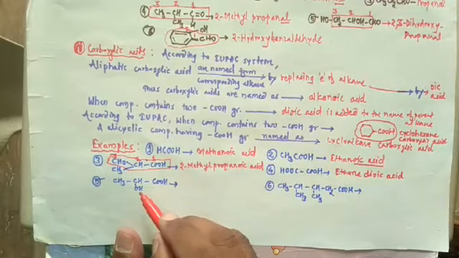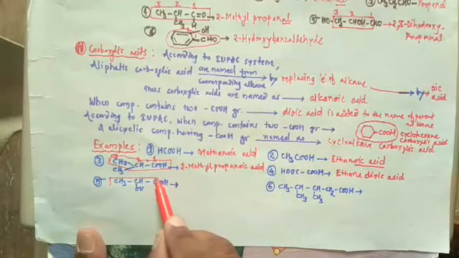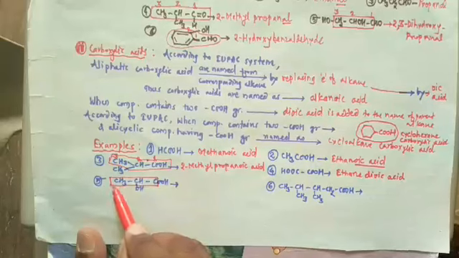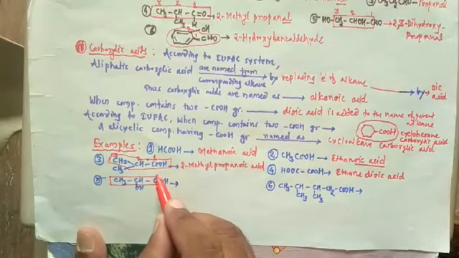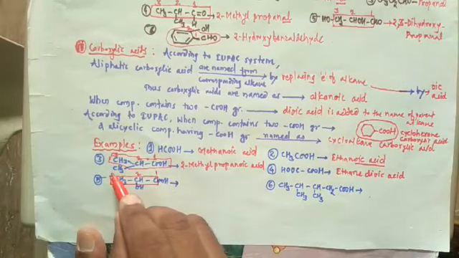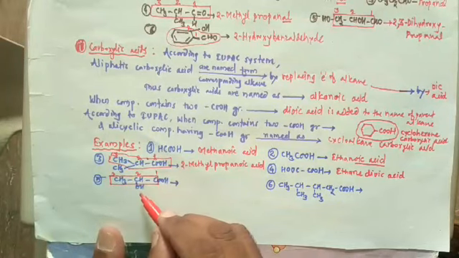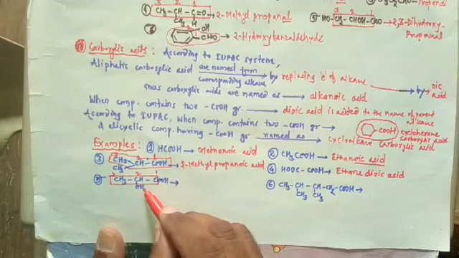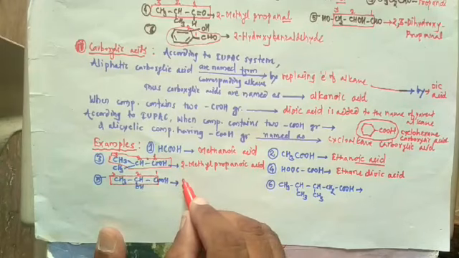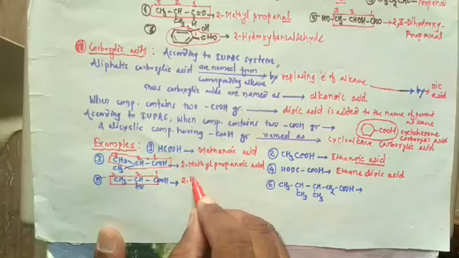So first of all, select the longest continuous chain containing the carboxyl carbon. Then number the chain from this carboxyl carbon: 1, here 2 and here 3. On the second carbon atom an OH group is present, and the prefix for the OH group is hydroxy. So we can write here 2-hydroxy.